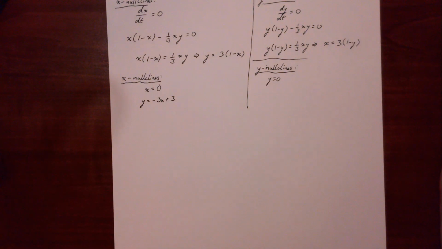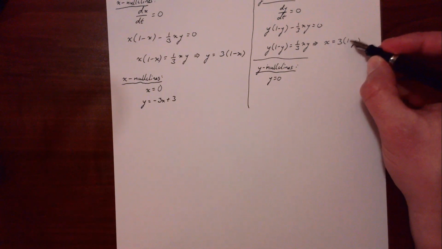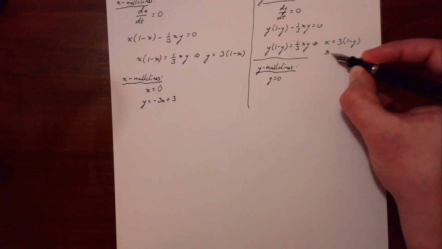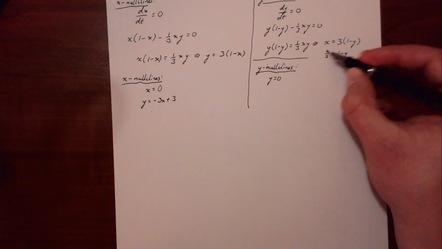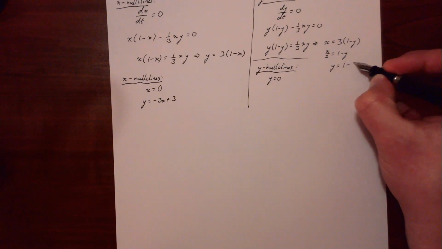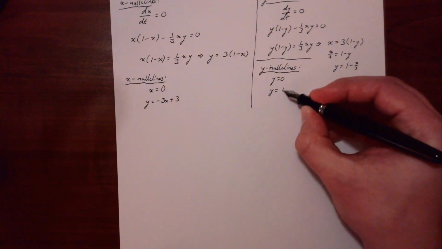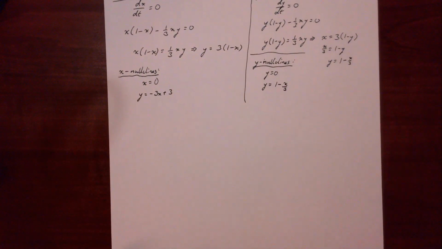or actually, since I most likely want to solve this for y, I shouldn't have multiplied both sides by 3, so I will divide both sides by 3, and now I will subtract x over 3 from both sides, and get y equals 1 minus x over 3, and so that'll be the other one. Okay, so those are all of our nullclines.